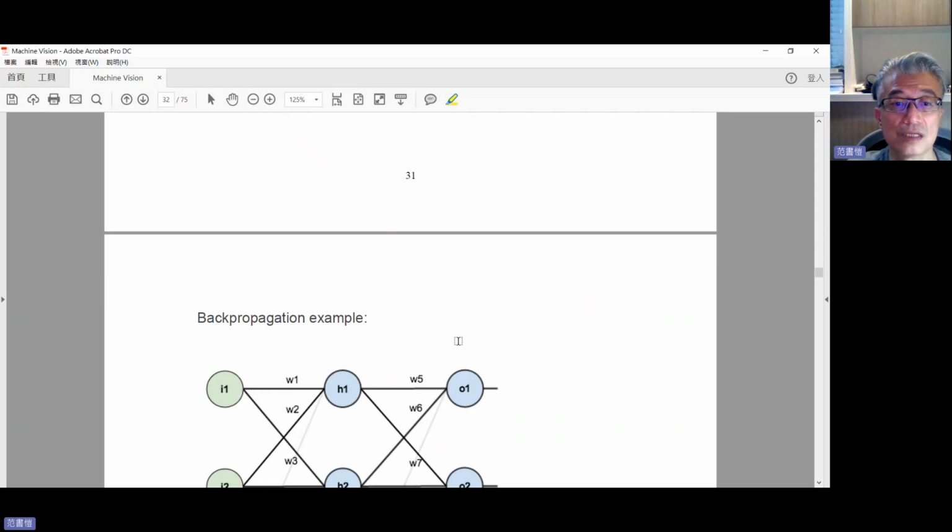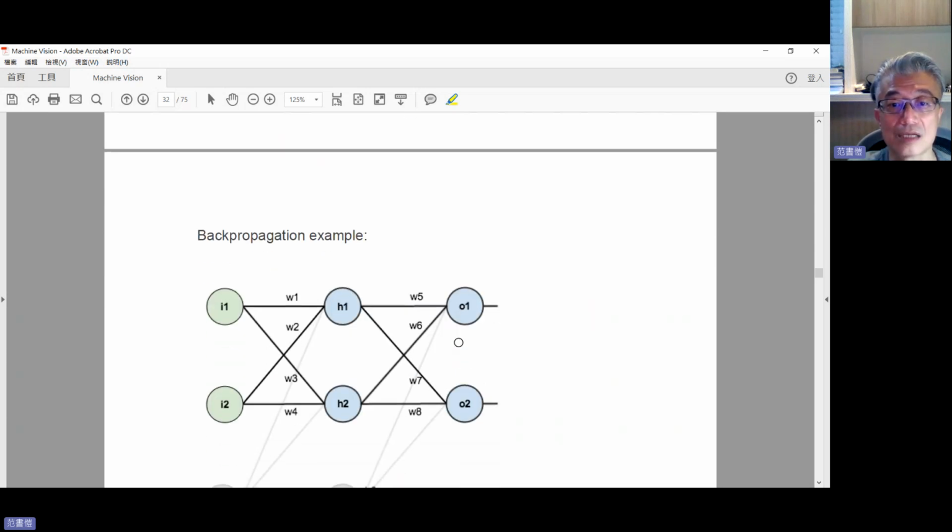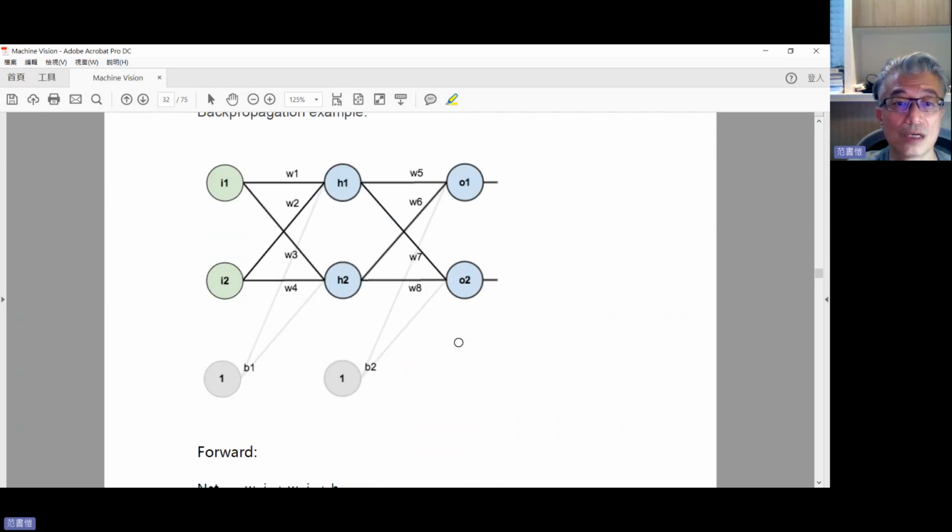So let me take a backpropagation example that is more straightforward. We have two input nodes, I1 and I2, hidden layer H1 and H2, and O1 and O2 as the output. There are weights W1, W2, W3, W4, W5, W6, W7, and W8.